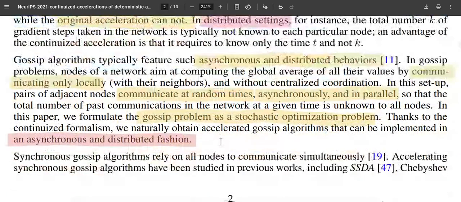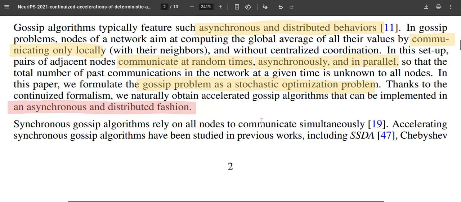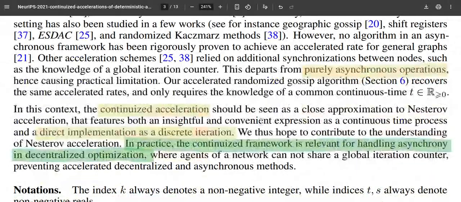So it helps in randomization and in establishing a stochastic optimization. Also, this continuous formulation helps in setting up asynchronous and distributed behaviors, which help in setting up asynchronous parallel computing, and also end up in a stochastic optimization problem. So this not only improves the convergence rate, like escaping local minima, it also helps in improvising for asynchronous parallel computing. This is the crux of this paper.